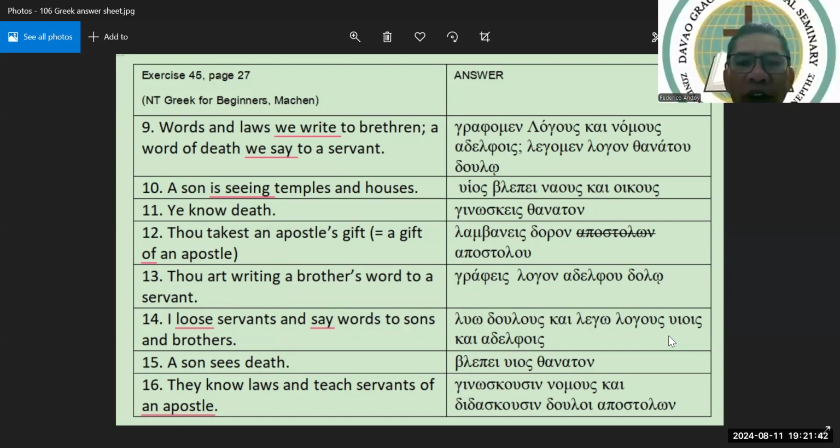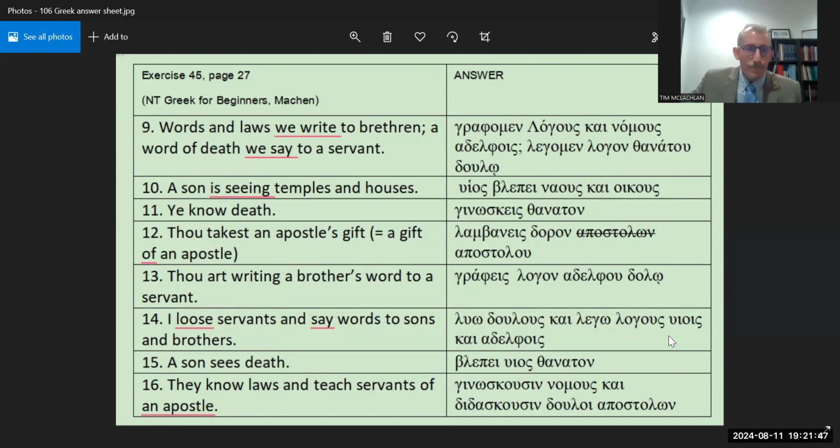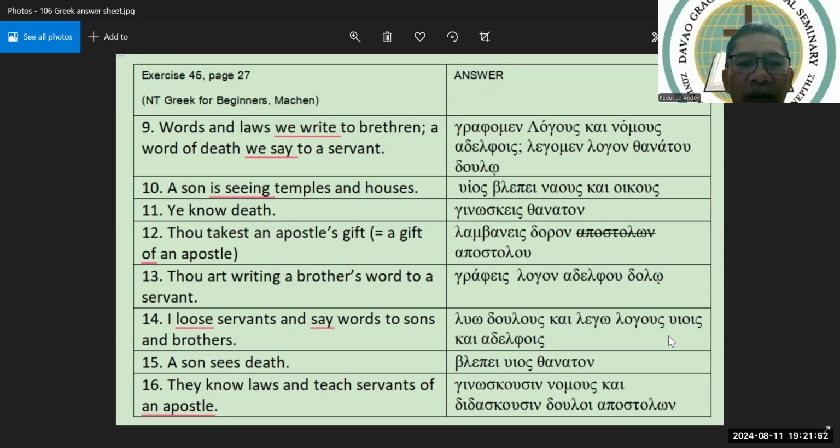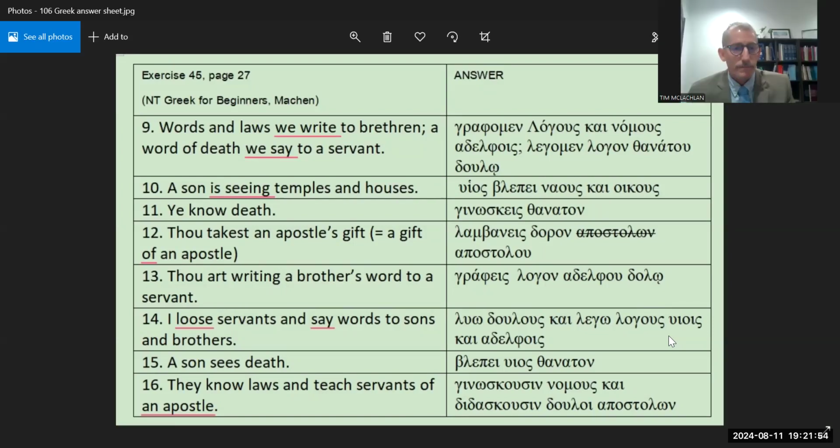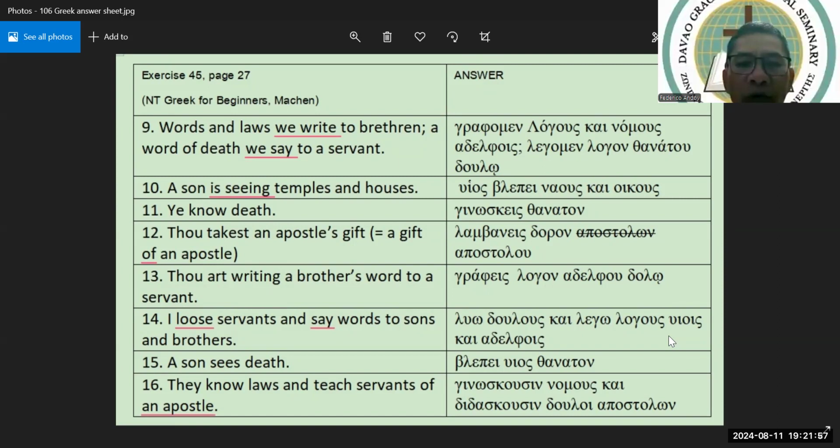And also, Pastor Tim, in number 13, thou art writing a brother's word to a servant. And then we just translate here the word dulon. Is this plural, or is the word here just singular?